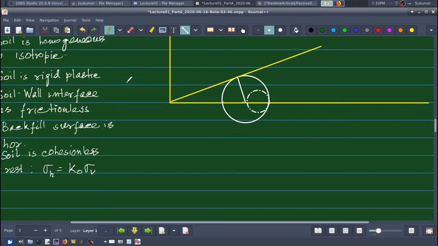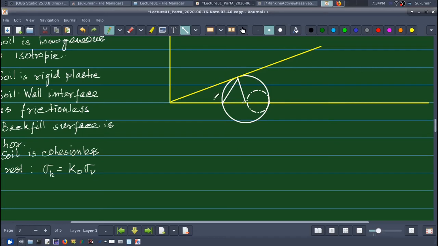Now this was my sigma v. Sigma v will be acting on a horizontal plane. So I am drawing a horizontal line from here, and that's why this must be the pole, right? This must be the pole, and therefore if I draw the line from here to this failure point, this will give me my angle of failure plane.